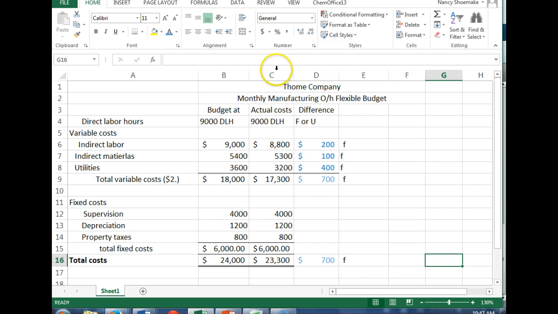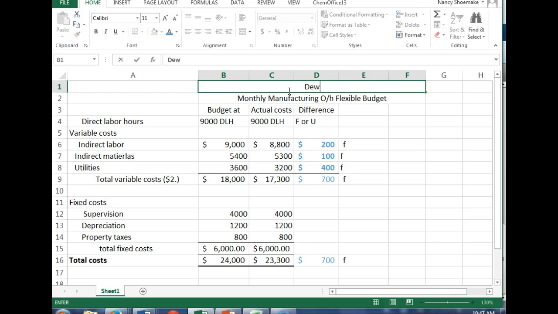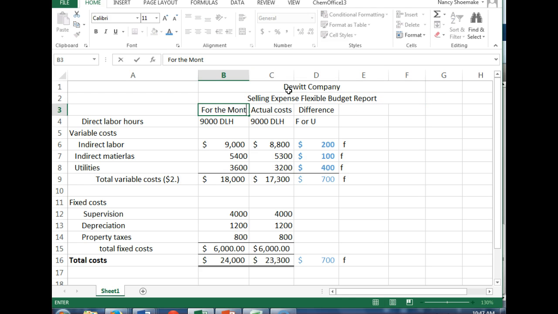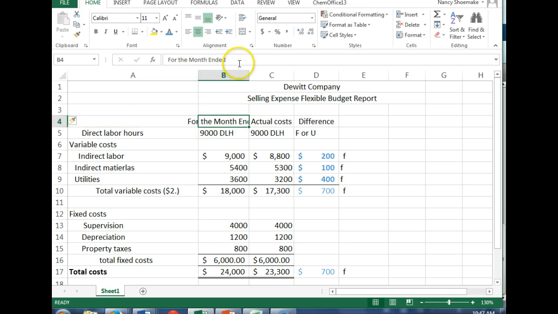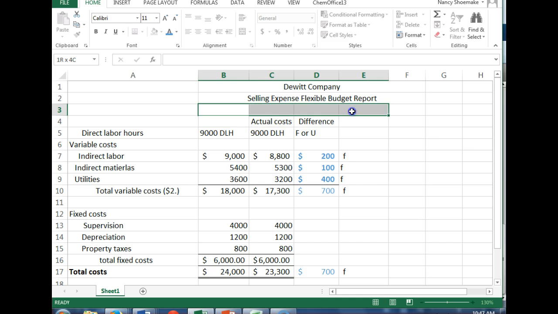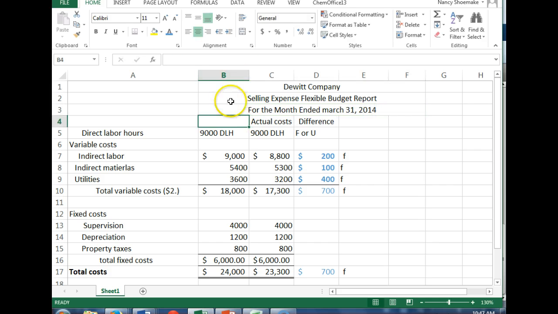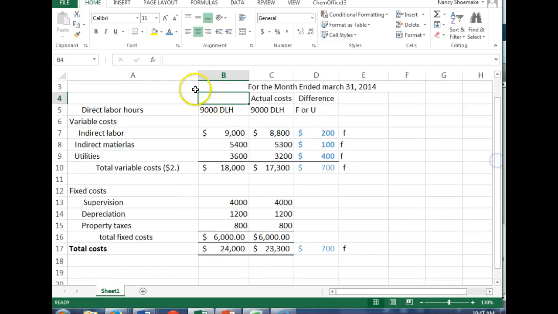I'm going to just kind of change this up here. I'm going to use DeWitt Company, and this is the selling expense flexible budget report for the month ended March 31st, 2014. So we're going to have our budget, our actual, and our difference.